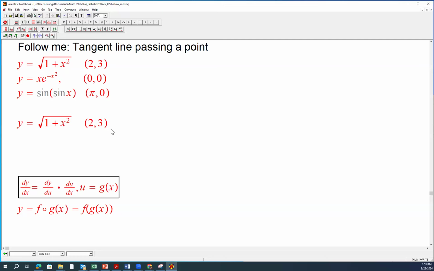In order to find the tangent line, we need to find the slope. In order to find the slope, we're going to find the derivative.